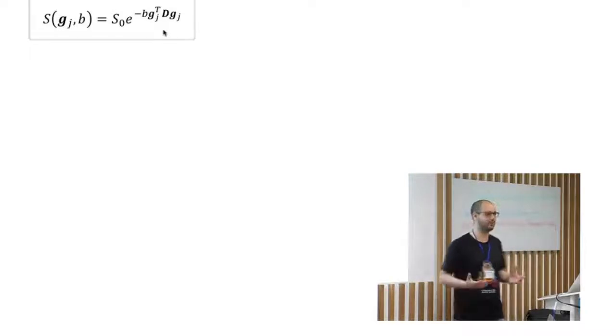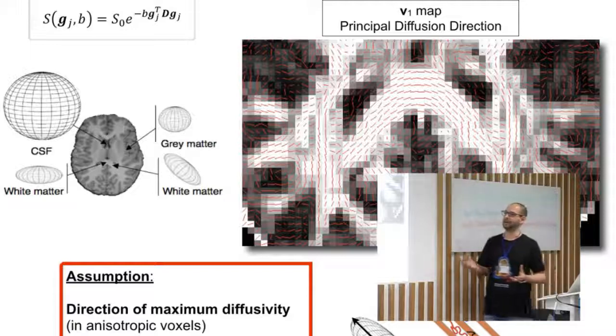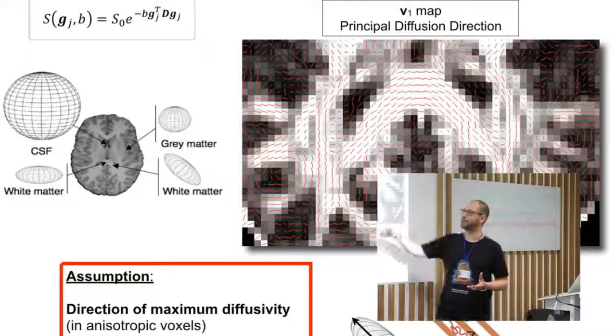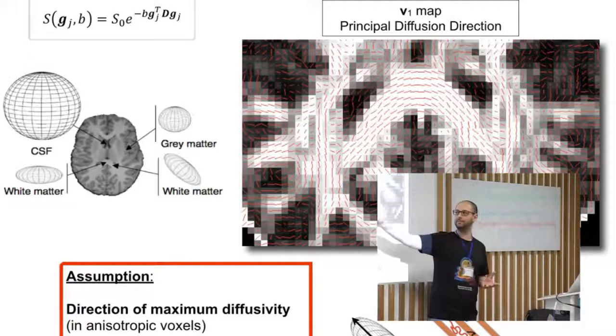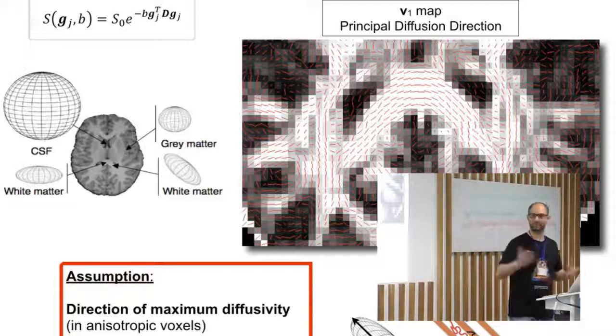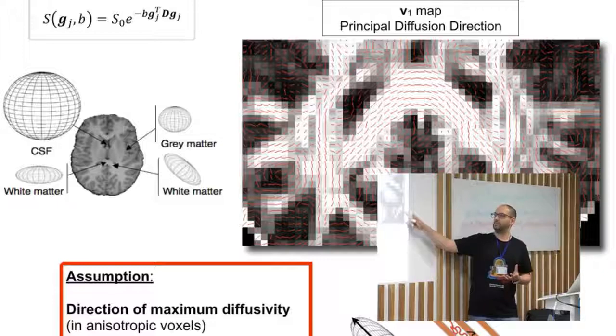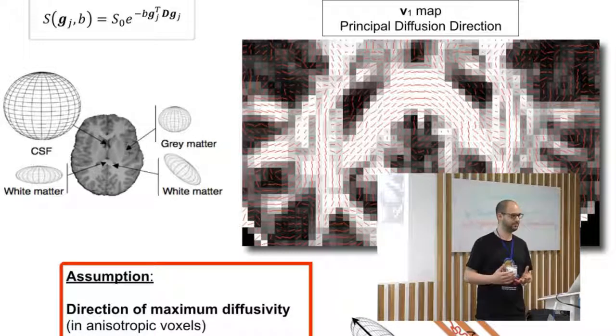And just by this very simple equation, if we apply that and if we can recover D with some math, we can do some pretty spectacular things, because we can construct an equiprobability surface of diffusion, like I'm putting here, that will allow us to distinguish between the 3 basic tissue types that we have, and will also give us the so-called principal diffusion direction, right?